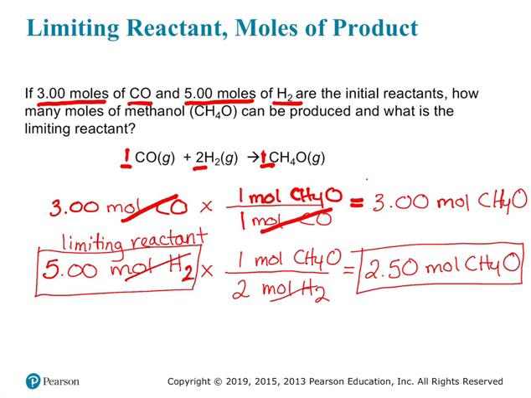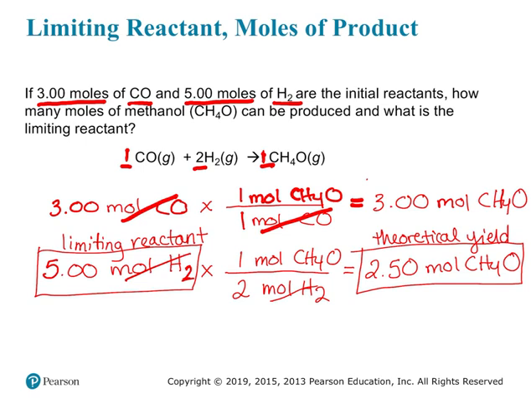And 2.5 moles is the largest amount of methanol that we can potentially make because hydrogen is going to run out. So once hydrogen runs out, we can't make any more methanol because we need both reactants to make methanol. So 2.5 moles will be our theoretical yield. So theoretically, we can make 2.5 moles of methanol.